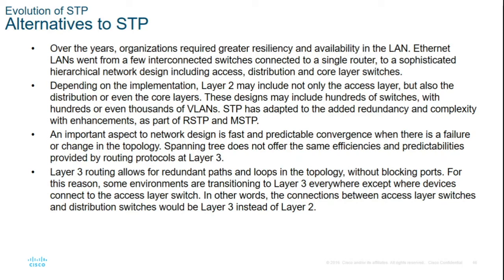For this reason, some network environments are transitioning to Layer 3 everywhere except where devices connect to the access layer switch. In other words, instead of the usual Layer 2 connections, newer network designs use Layer 3 connections between the access layer switches and distribution switches. This is possible with the use of multilayer switches.